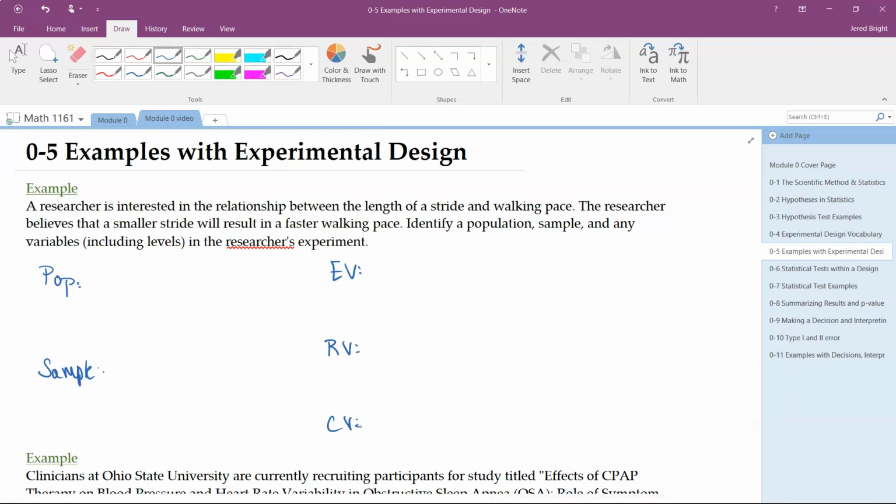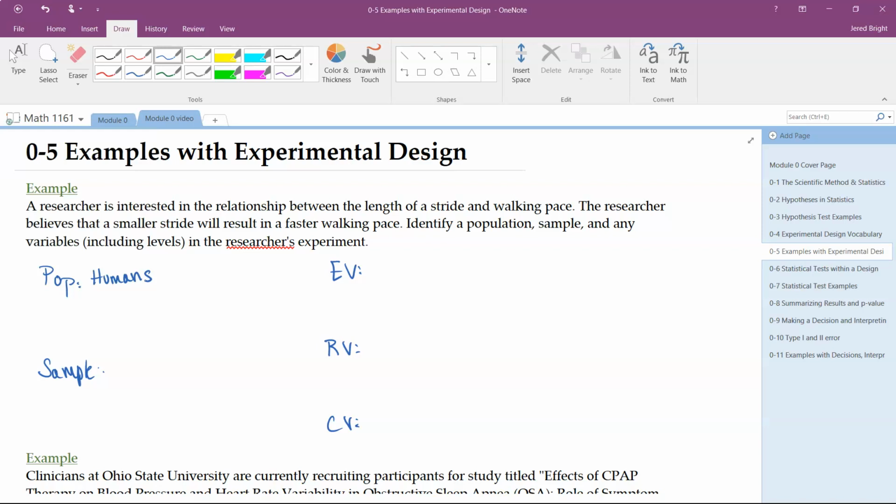Well, none, but presumably we would be talking about humans. I mean, you could measure the stride of a dog too, and look at the walking pace of dogs, but I'm going to say that's probably not what this context imagines.